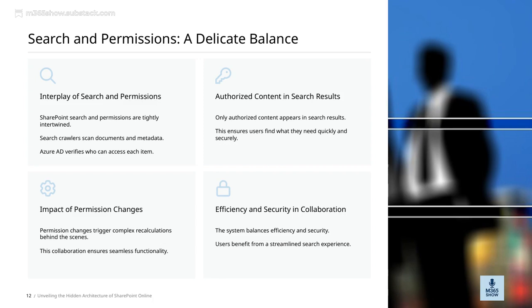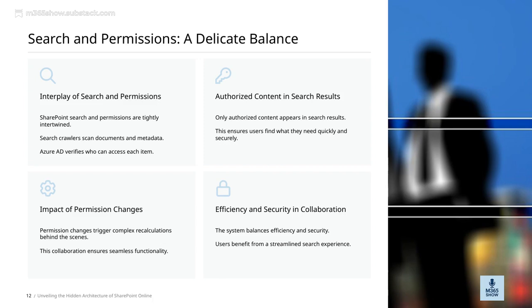Now, this interplay directly impacts what users see in their search results. Only content they are authorized to access appears, which helps them find what they need efficiently and securely. It's like having a personalized filter that respects security boundaries. The way SharePoint search and permissions are interconnected is quite sophisticated.